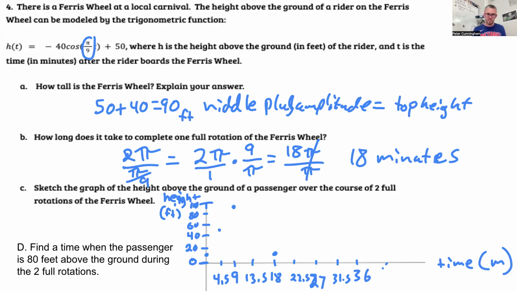So I'll go from the bottom to the middle in 4.5 minutes, and then the middle to the top in 4.5 minutes, the top back down to the middle in the next 4.5 minutes, and then to the bottom. And then that's all going to happen over again.